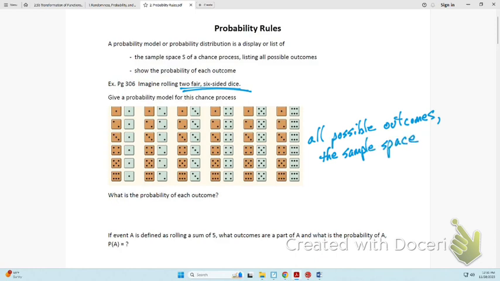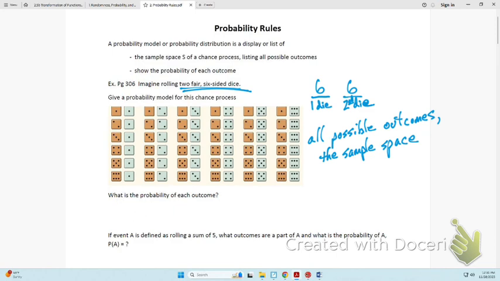One way to get your total number of outcomes is to take the number of outcomes per object, per chance experiment. So there's one die. Here's the second die. There are 6 possible outcomes for that one, 6 for this one.